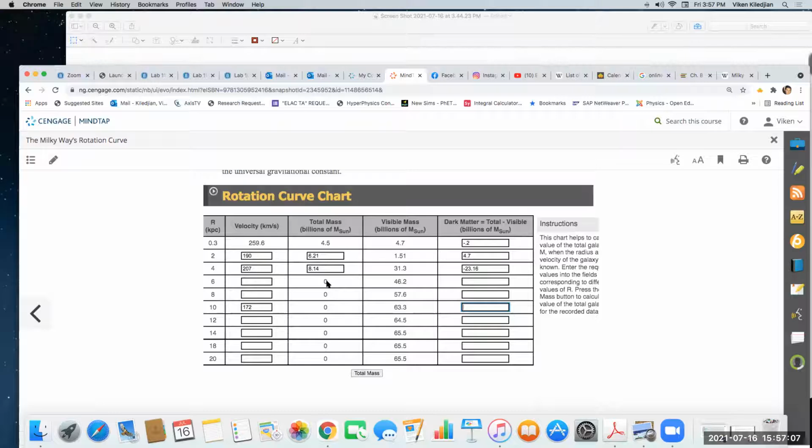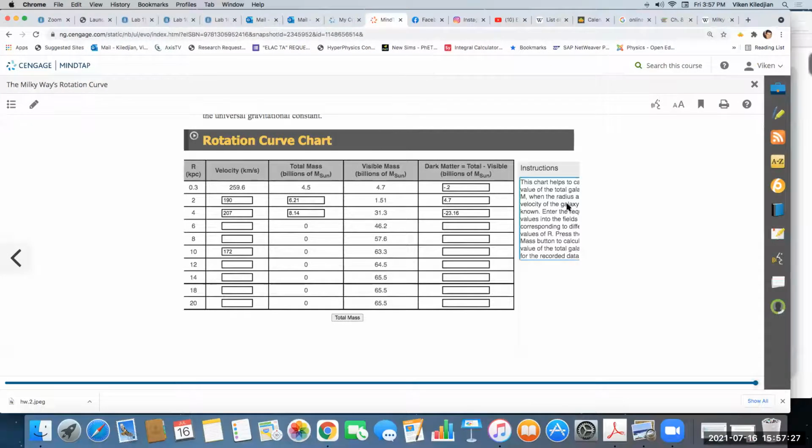I'm not quite sure why these fields are 0, because the mass should be increasing. Total mass, billions of solar mass. This chart helps.